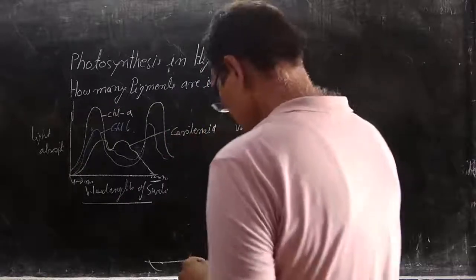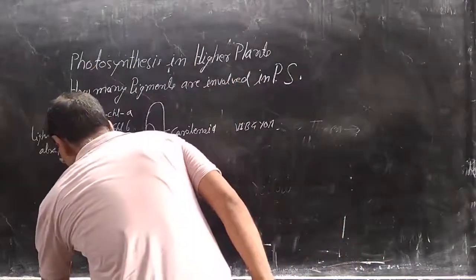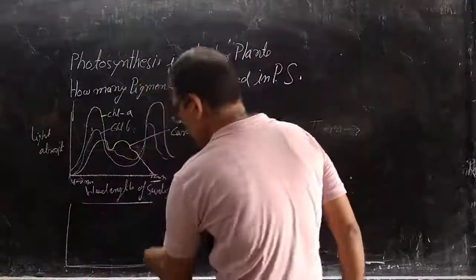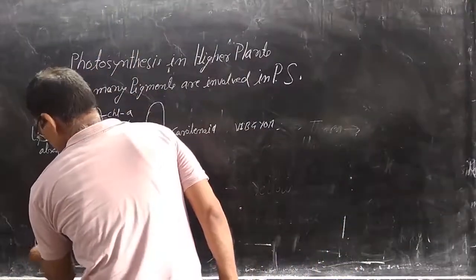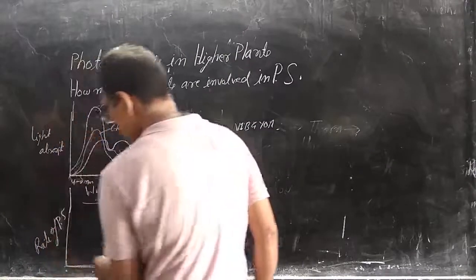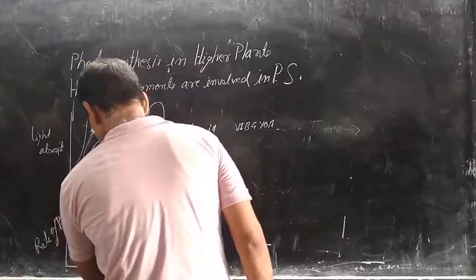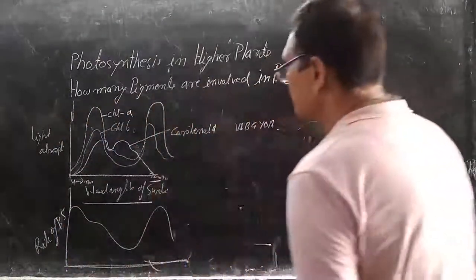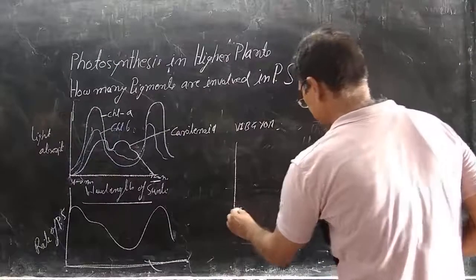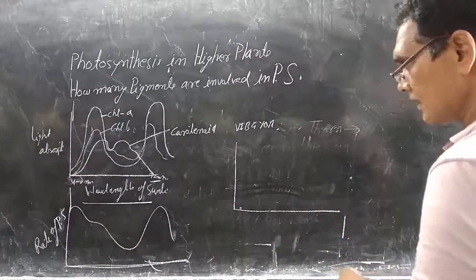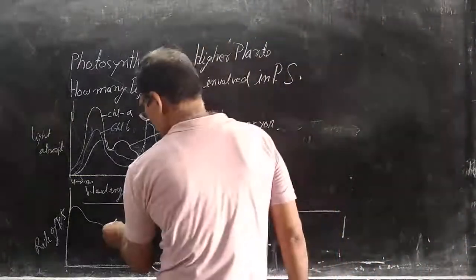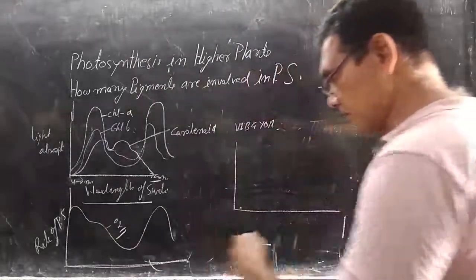Like that, we plot another graph, that is the rate of photosynthesis. Here this is the light, and this is the rate of photosynthesis. We obtain a curve like this. In another graph, the rate of photosynthesis is measured in terms of oxygen evolved, that is, according to how much oxygen is released, we measure the rate of photosynthesis.